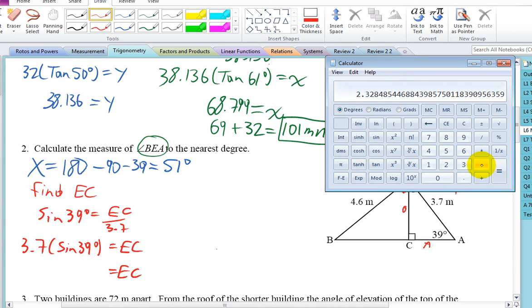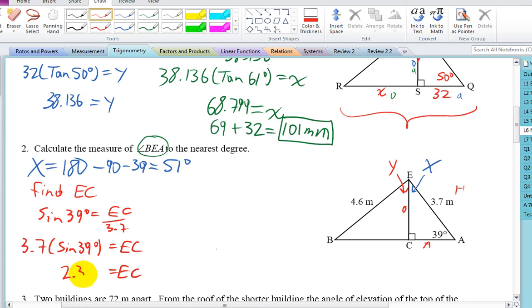So 2.328. Don't get rid of that in your calculator. 2.328, that's EC. Now what you can do is use that to find angle E.